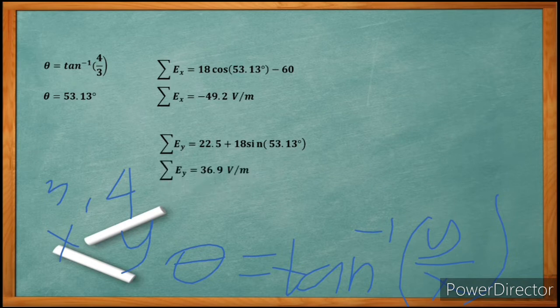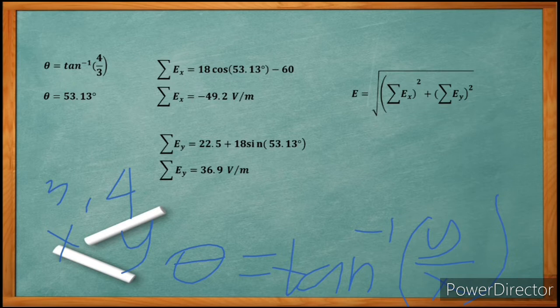And to get the electric field intensity, we'll use the resultant formula, which is the square root of the summation of the x component squared plus the summation of the y component squared.